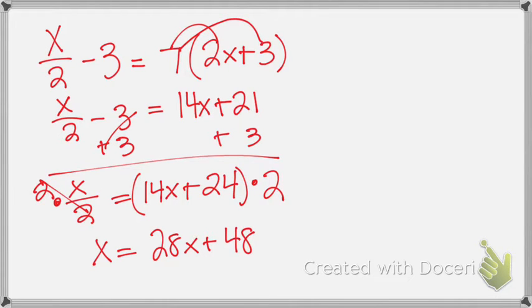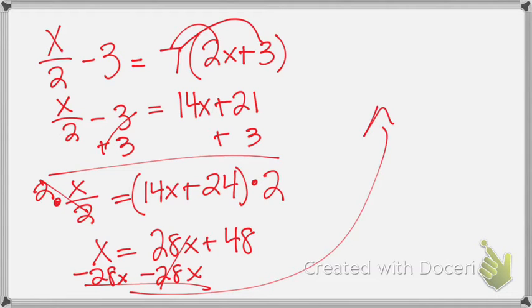Then we move our x over, our 28x, which gives me, I'm going to move it up here, negative 27x equals 48.